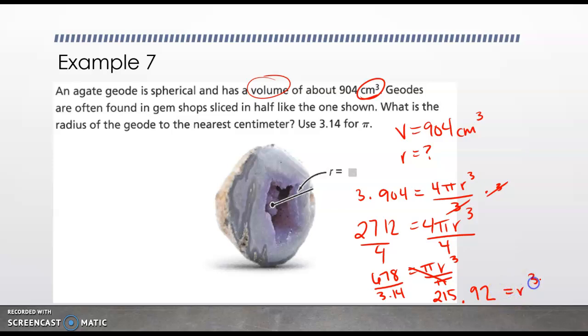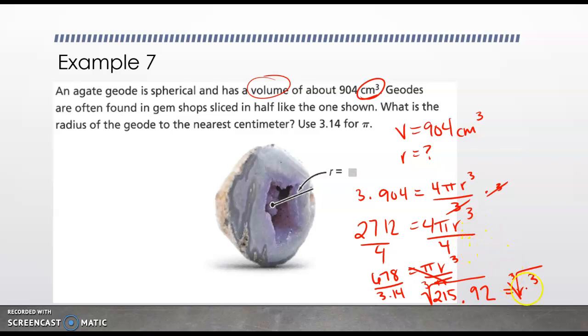equals r cubed. Now, if we undo a square by square rooting, then we undo a cube by what we call a cube root. I'm happy to show you how to type this into a calculator. Just bring your calculator to me. When I do the cube root of 215.92, I get approximately, okay, sorry, my calculator isn't letting me do it.